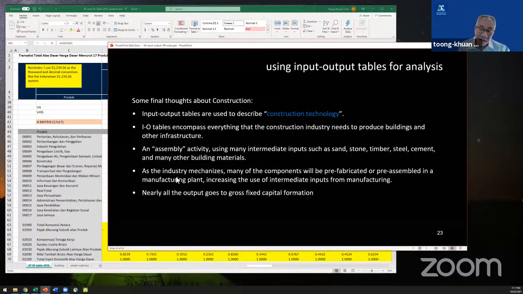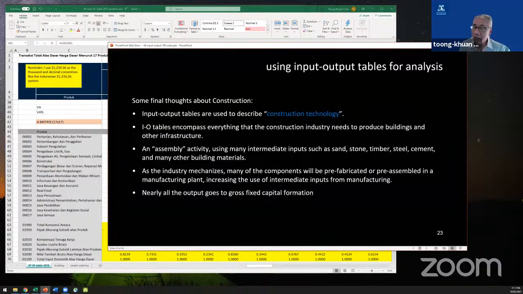Now, this is a point that I've mentioned earlier. Because the industry is defined as work carried out on a construction site, as the industry mechanizes, we keep talking about using precast concrete and prefabricated building components. Many of these components will be prefabricated in a manufacturing plant, and that moves it even further into the manufacturing sector.